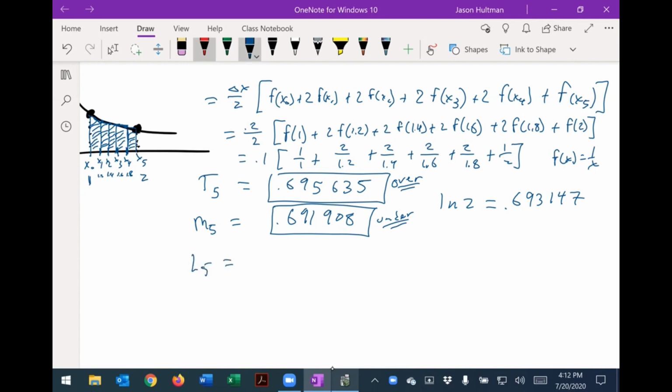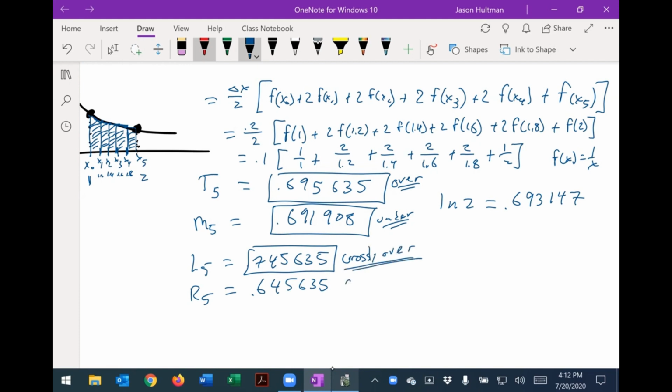L sub 5 was 0.745635. And R sub 5 is equal to 0.645635. Remember, they were off by 0.1. This is a gross overestimate, and this is grossly under.